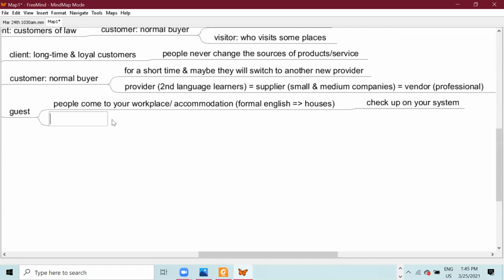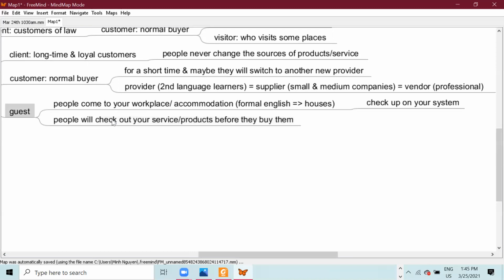They are the kinds of people who will check out your service and your products before they buy them. These actions belong to guests.